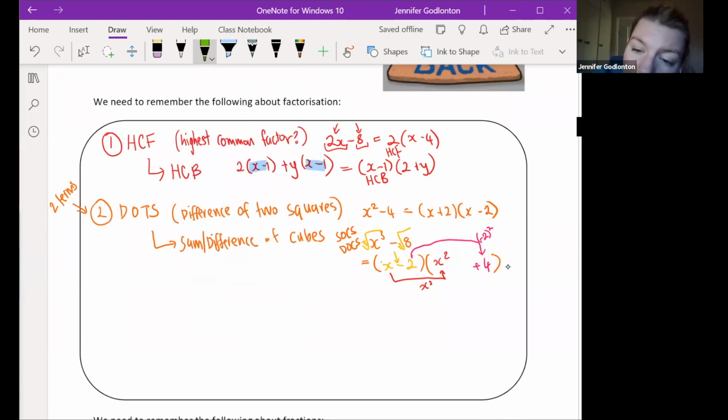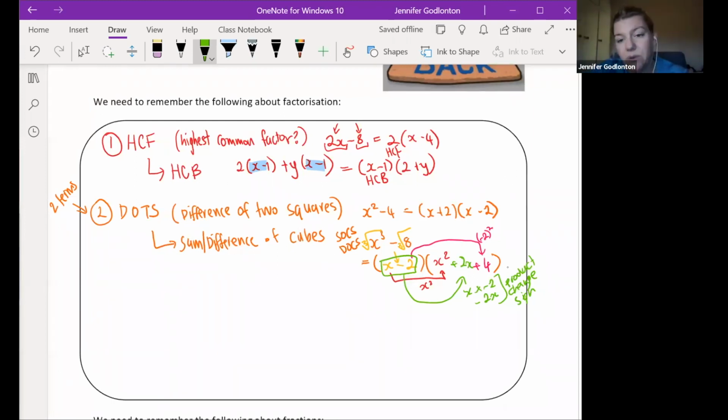Okay, we work out the product. So we say x times negative 2, which is negative 2x. So we work out the product and then we change the sign. So if it's negative 2x, we make it positive 2x. And that's how we factorize.